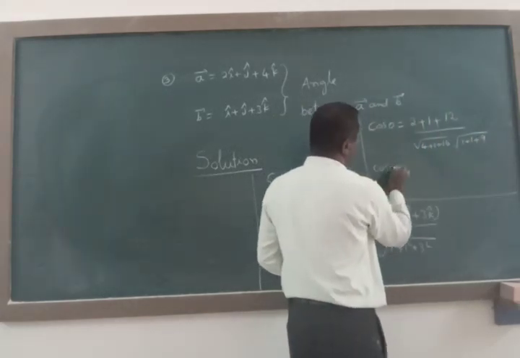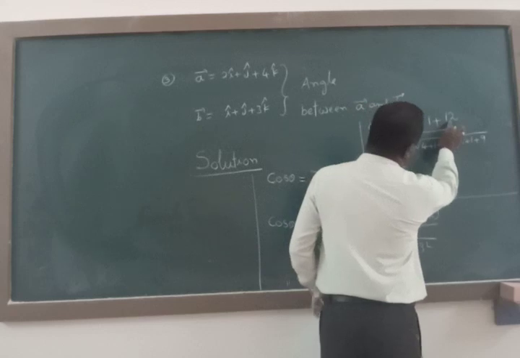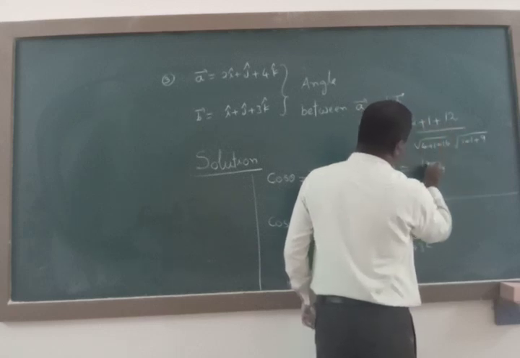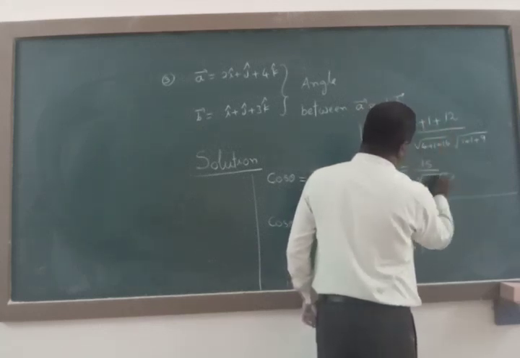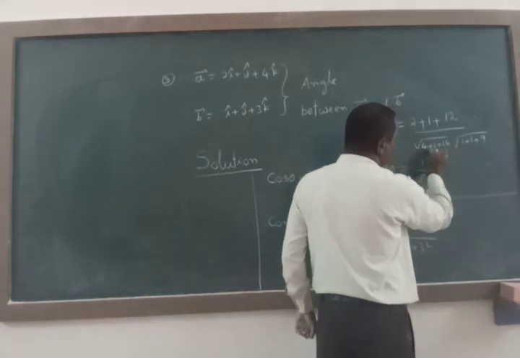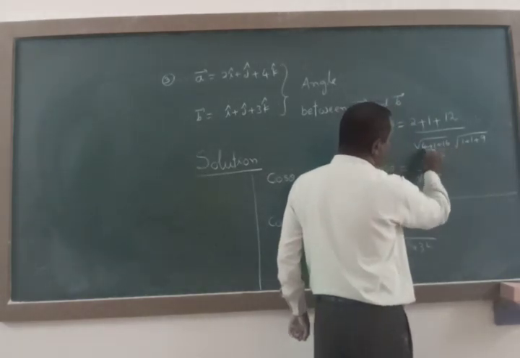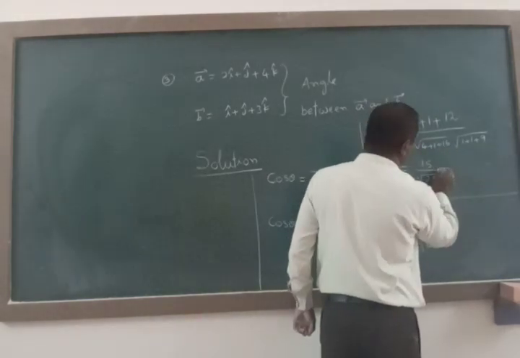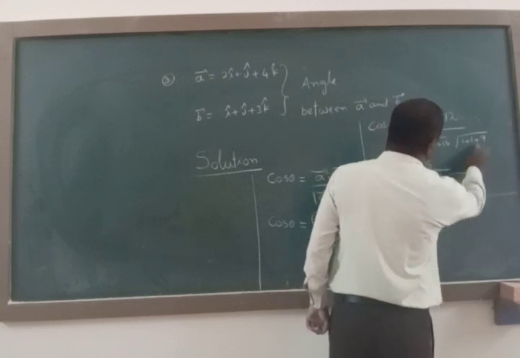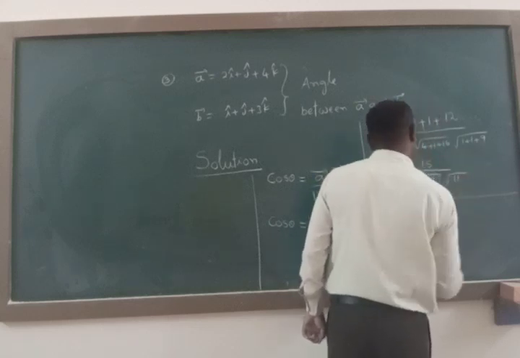Cos theta is equal to 12 plus 3 is 15, whole dividing by square root of 21 into square root of 11.